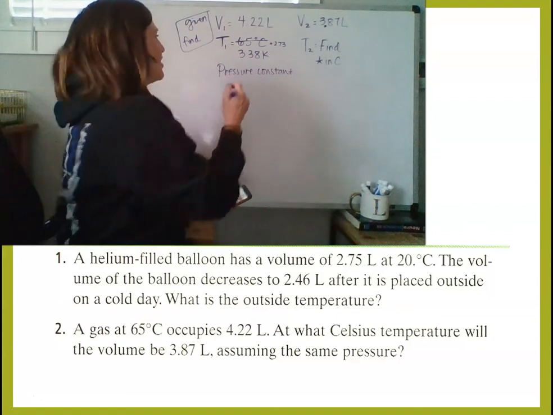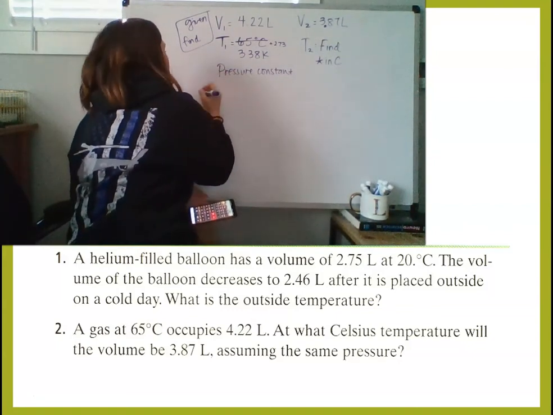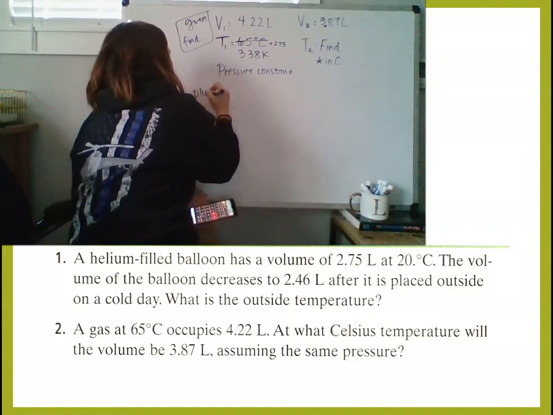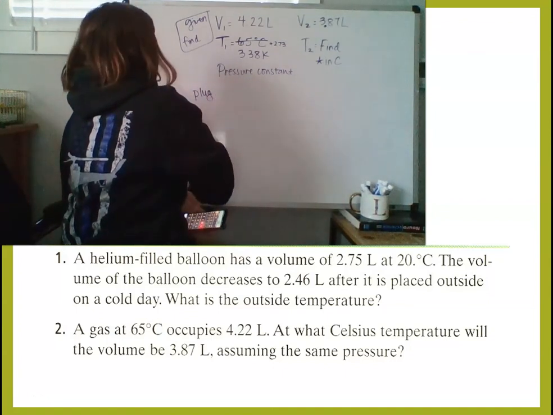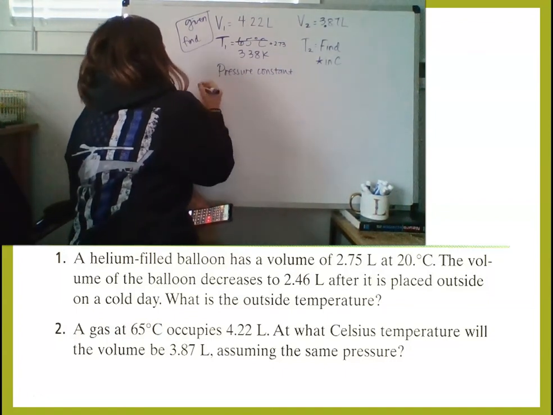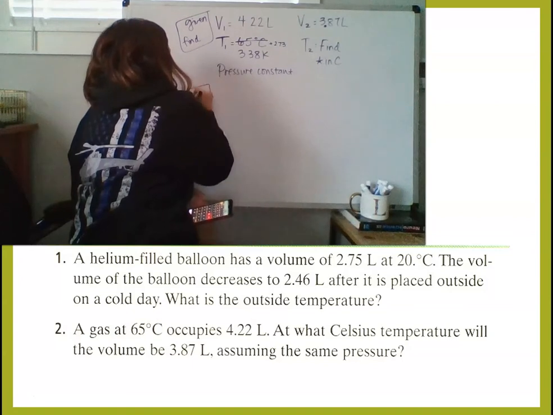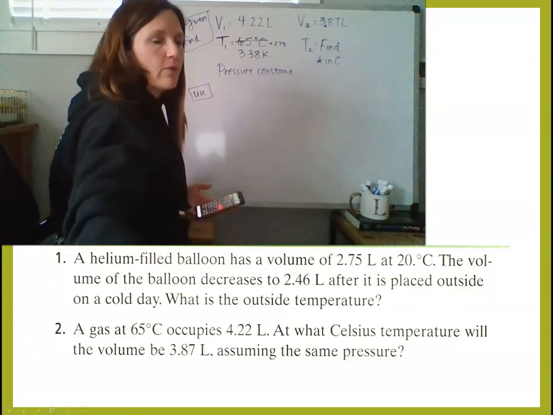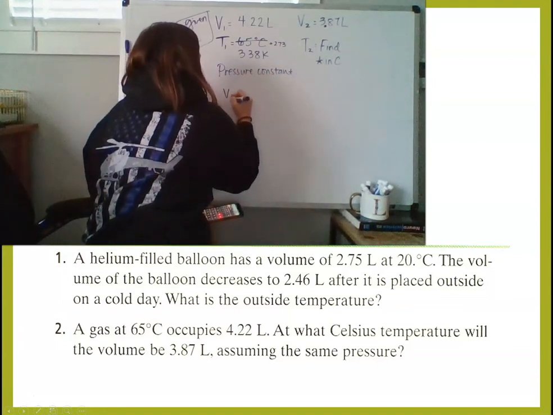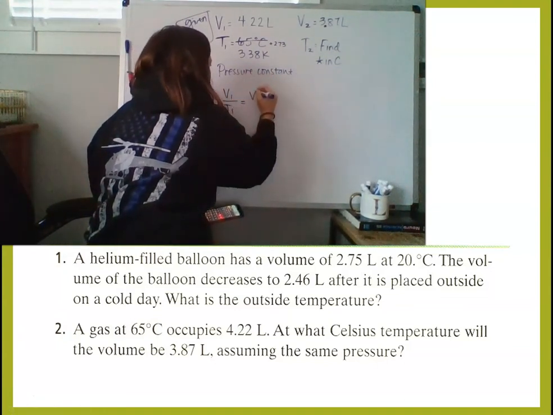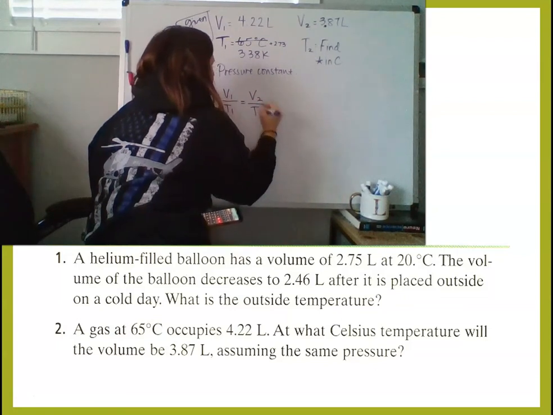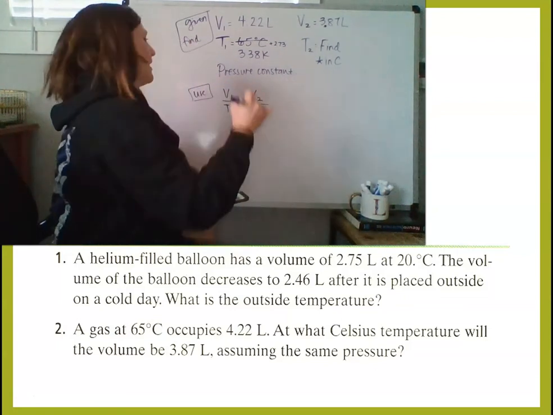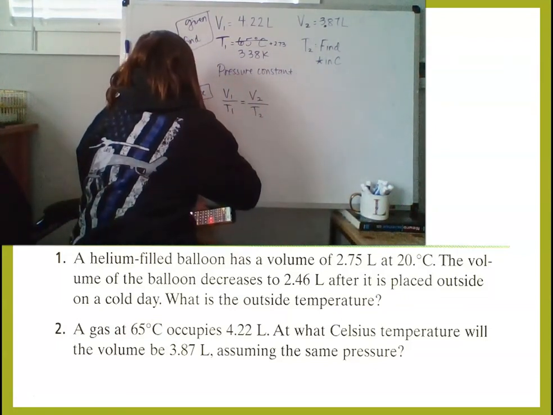All right, so now what you should have is you should have plugged in. Oops, we need to pick our use. Our use is easy right now because we're doing problems with this Charles' law title on it, so we know which one to use. V1 over T1 equals V2 over T2. And so then I plug in.